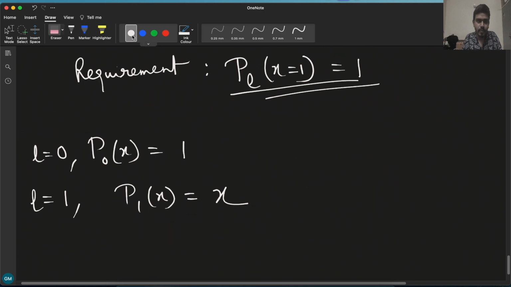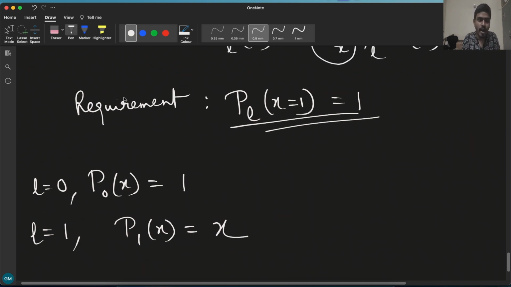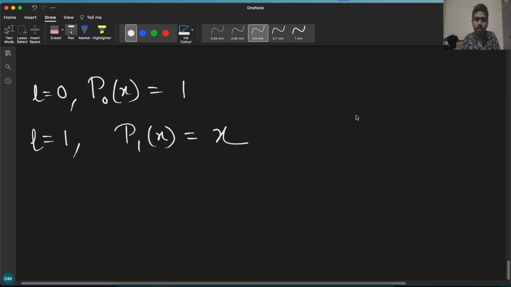You can see that at x equals 1, this P1(x) is already 1, so it satisfies the requirement, and we don't need to multiply with a normalization factor. Let me tell you again, I will explain why this requirement later, not in this class.